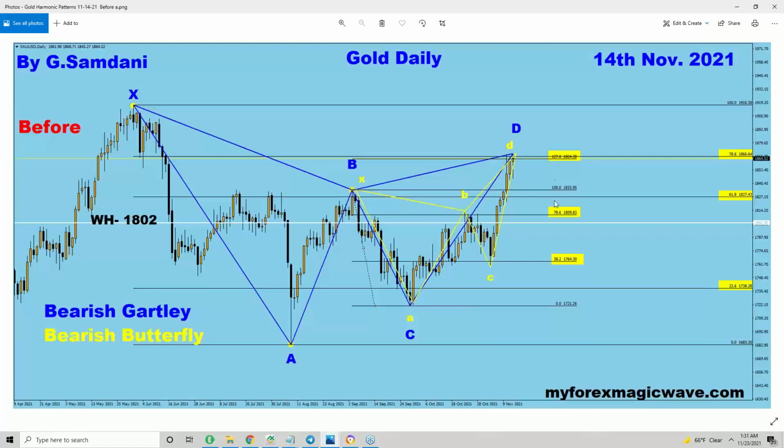This is 127. This is 78% at point B and 38 at point C. So both patterns were there, perfectly made. Both final destinations were exactly around the same price, 78 and 127%, and both suggested the downside. That's why I wrote down here bearish Gartley finished, and this is bearish butterfly.